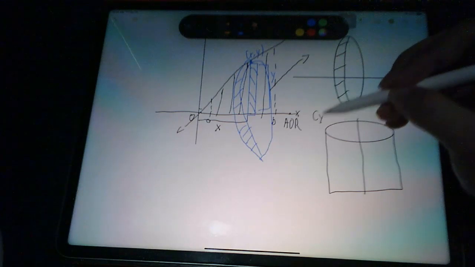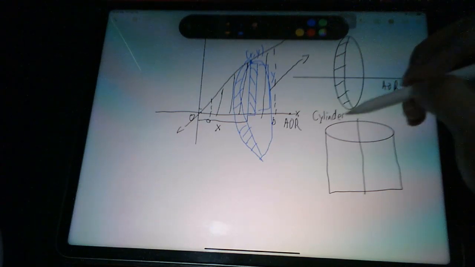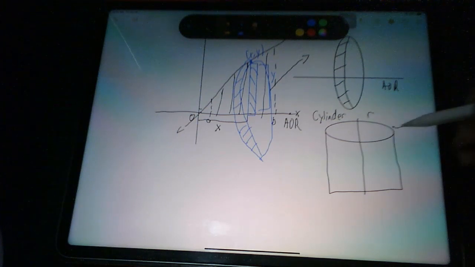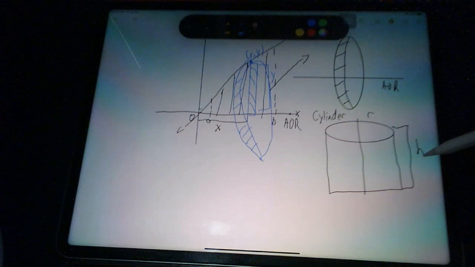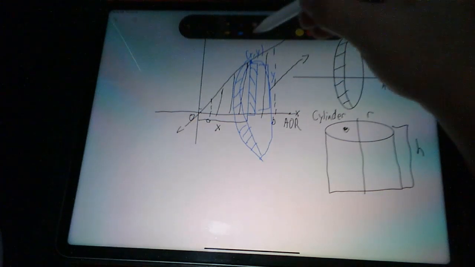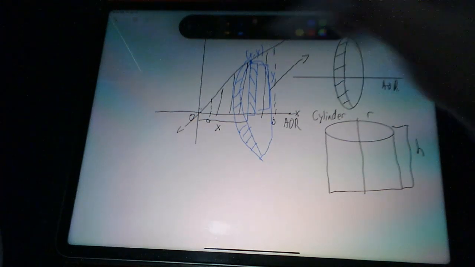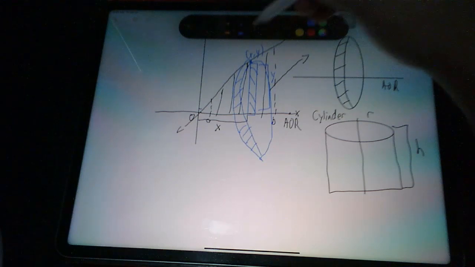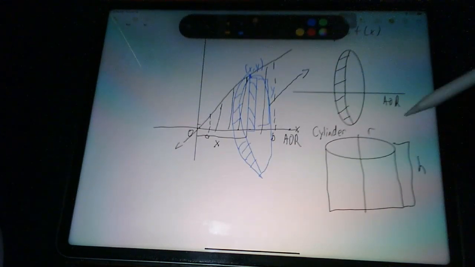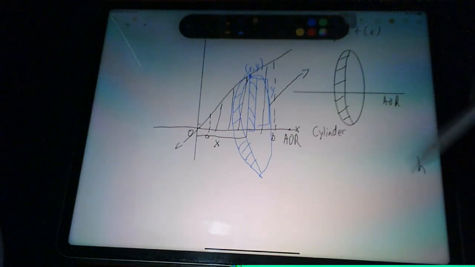So this part is our radius and this part is our height. By relating that to our cylindrical disc, let's erase it.